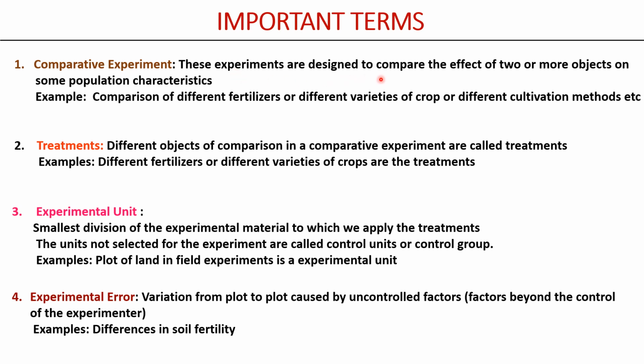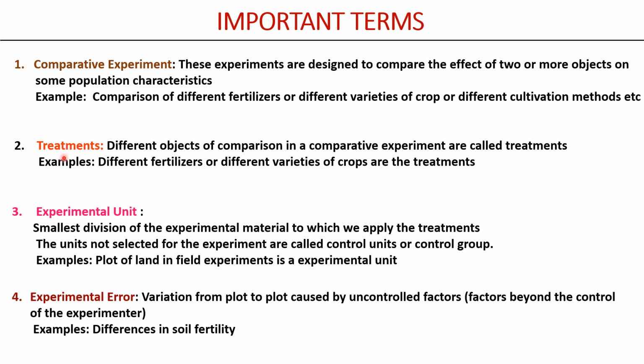So the experiments that are designed to compare any two of the objects, like say fertilizer A, fertilizer B, which is applied to certain plots, would become a comparative experiment. As in an example here, comparison of different fertilizers, different varieties of crop, different cultivation methods. So everywhere we are trying to compare two different quantities, objects. Those are called comparative experiments.